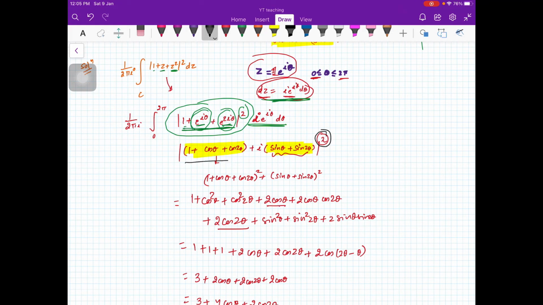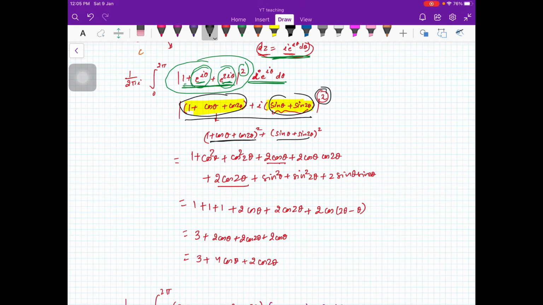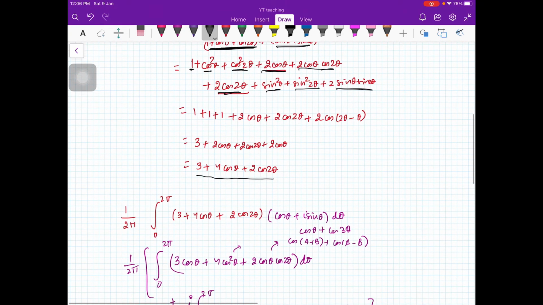Now you have the square also, so if you take the mod, that will be this square plus this square. Because the square root is gone, just put the formula (a plus b plus c) whole square, which is a square plus b square plus c square plus 2ab plus 2bc plus 2ca. Here also you use the formula a square plus b square plus 2ab. You do some manipulation and you will get 3 plus 4 cos theta plus 2 cos 2 theta.